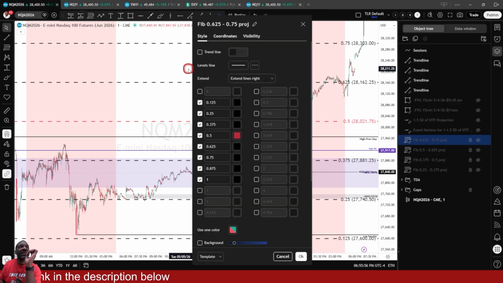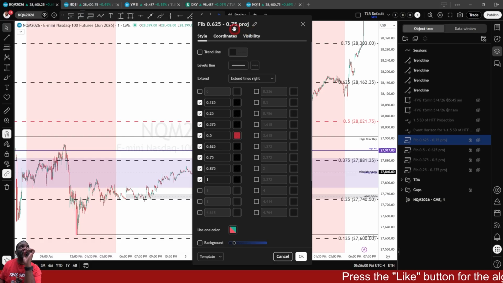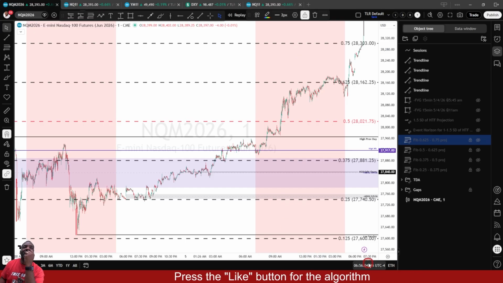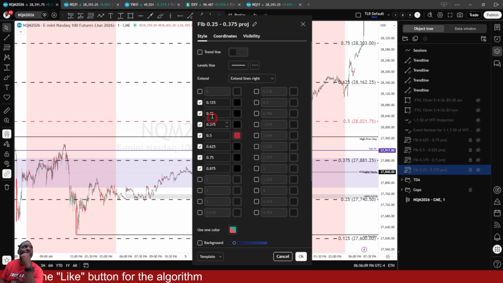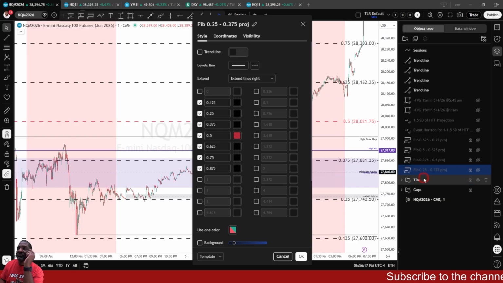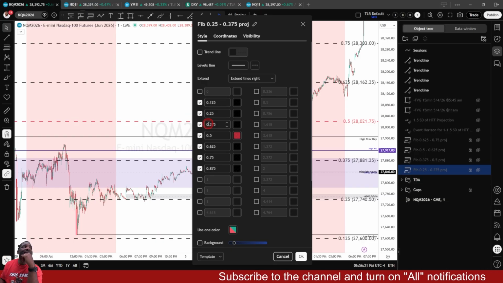And this says Fib 0.625 to 0.75. What do you think those are? If you look at them, you can see that it's octants, right? I don't have the 0 and the 1 highlighted, but it's octants. So using your little brainage, what do you think these octants are representing?